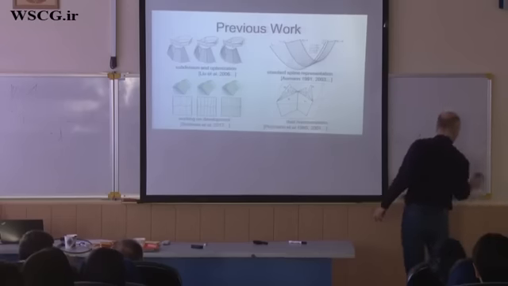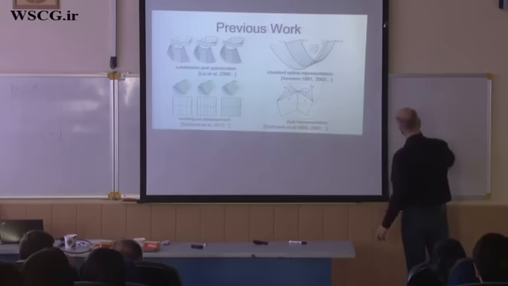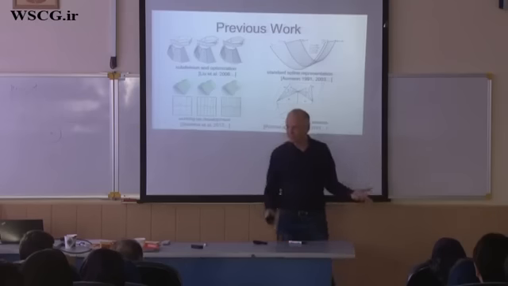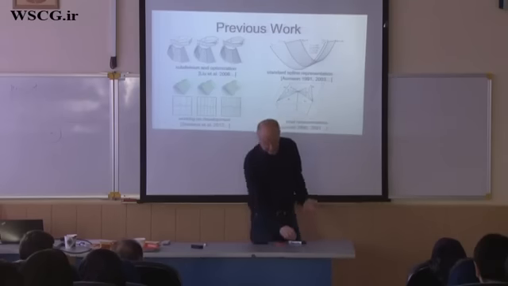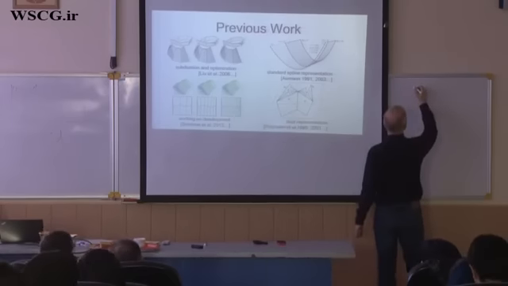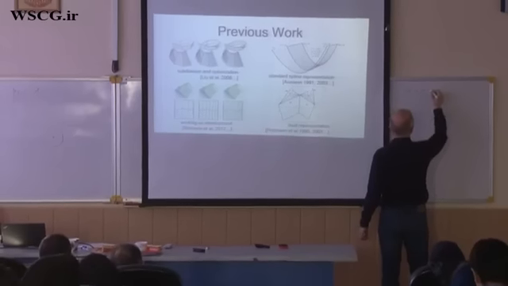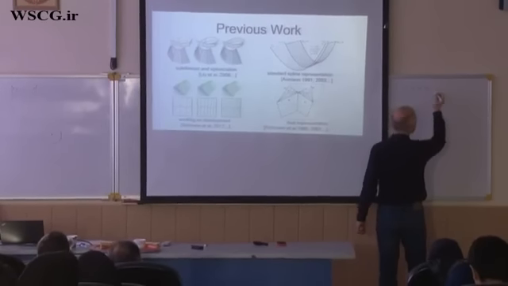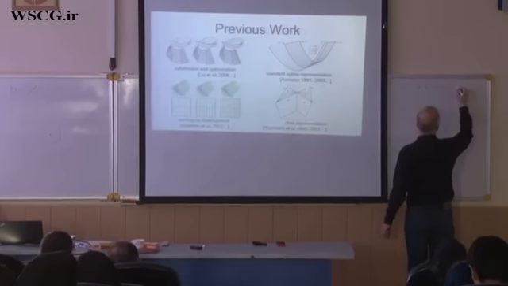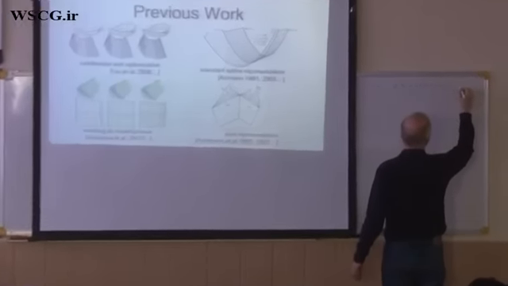I said the following: a developable surface is the envelope of a family of planes. And how does the equation of a plane look? The equation of a plane is, say, u0 plus u1 x1, where x1 is the first coordinate, plus u2 x2 plus u3 x3 equals 0.